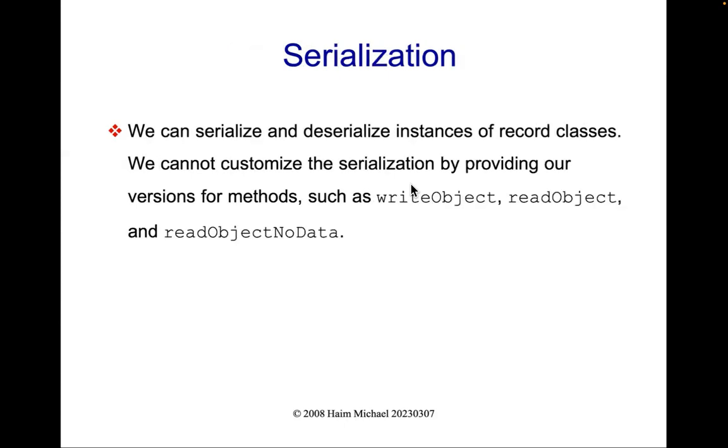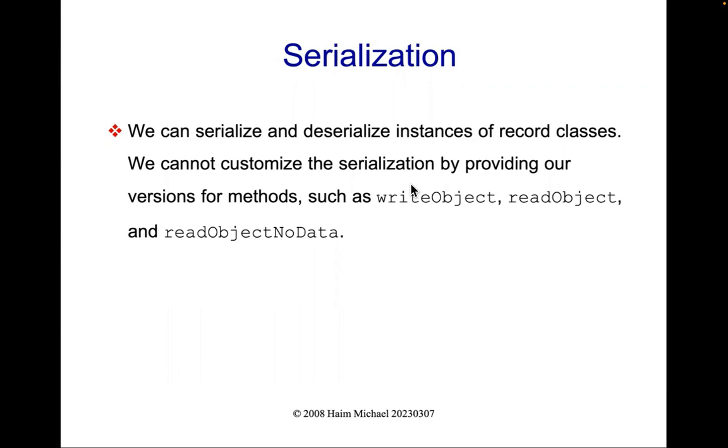Regarding serialization, if you are familiar with the possibility to serialize objects in Java, meaning decompose an object into bytes and write those bytes to a file or send them somewhere, and also doing the opposite direction, meaning getting bytes from a file or from a specific resource and composing together the object.